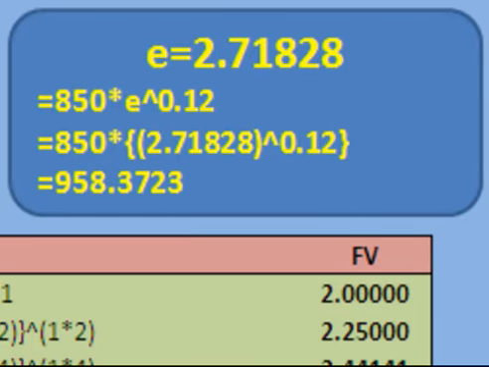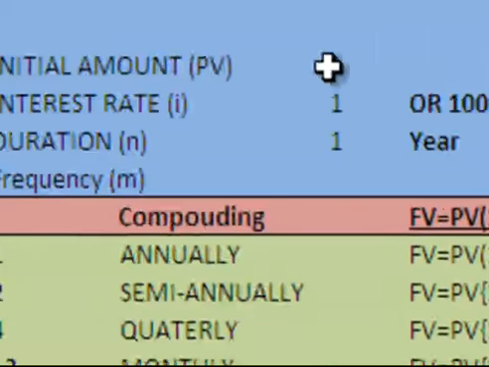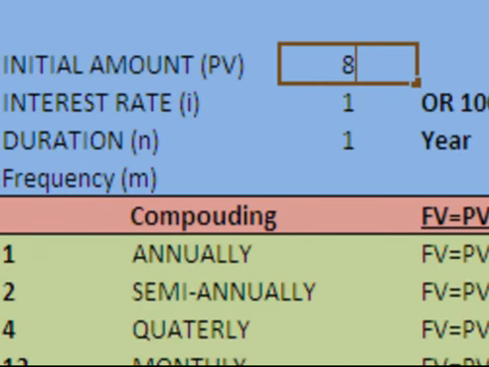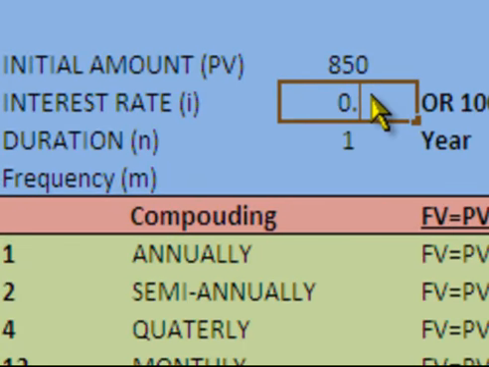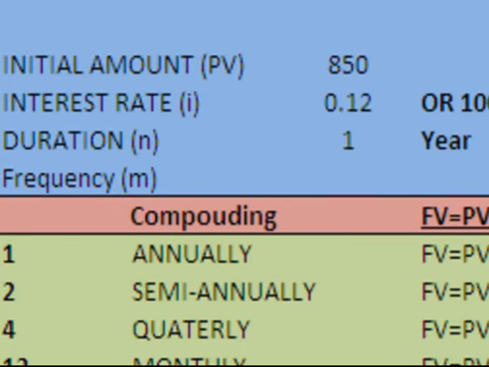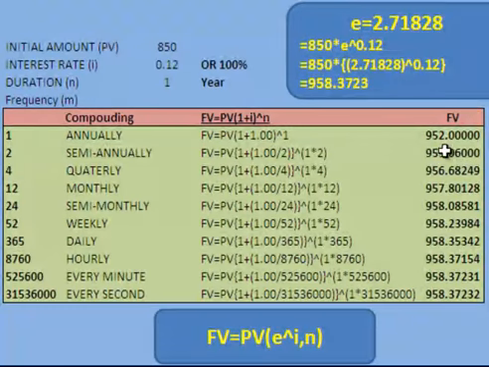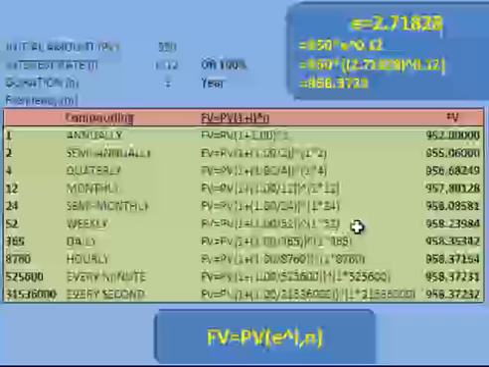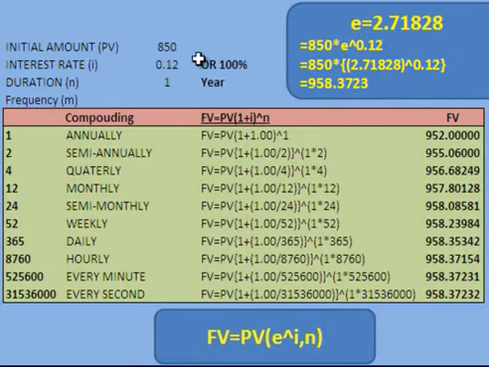$958.3723. So if I put in this value here, the initial amount equals to $850 and the interest rate equals to 0.12. So you can see that this table shows that the future value of $850 at a compound interest rate of 12% compounded continuously in a year, the value is approaching to a fixed value which is 958.3723.